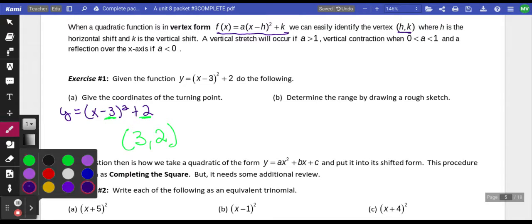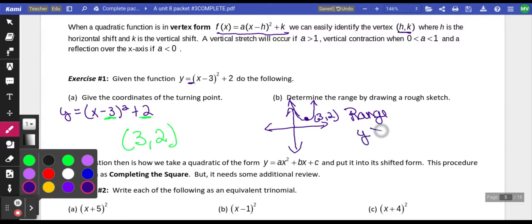So I can determine the range by knowing that (3, 2) is my turning point, or my vertex. A is positive, so that means it goes upwards. So this is roughly this right here, where this is my vertex, which is (3, 2). So the range is y is greater than or equal to 2, because (3, 2) is a minimum.